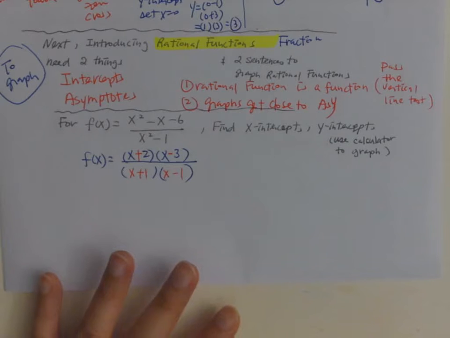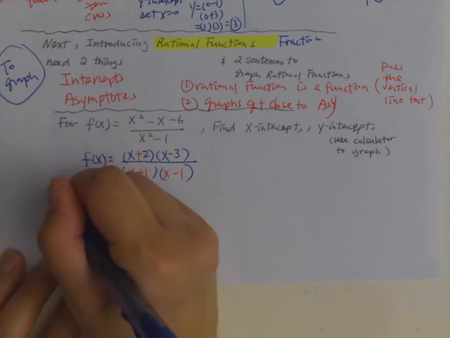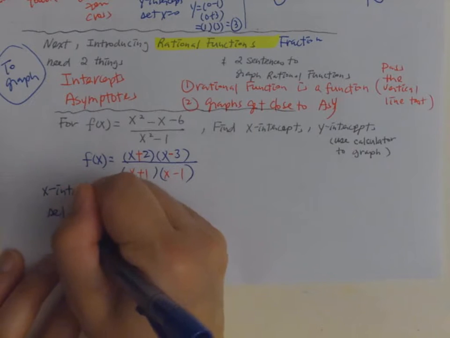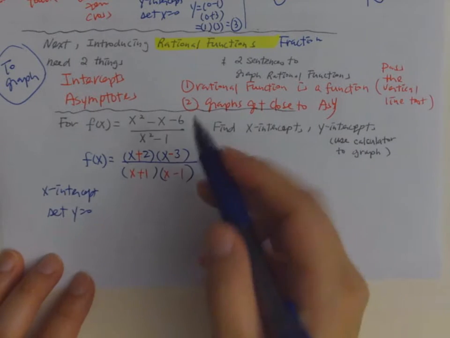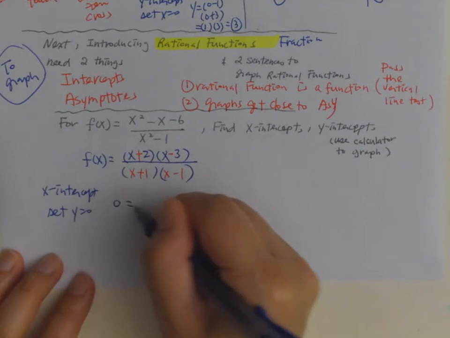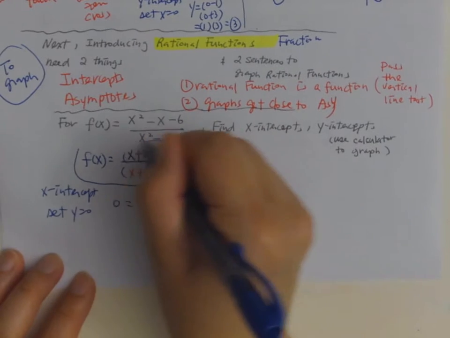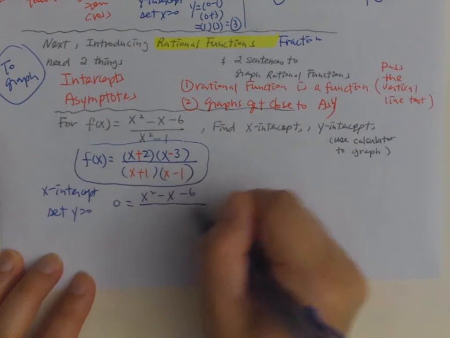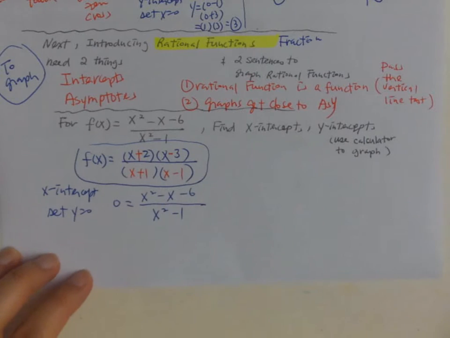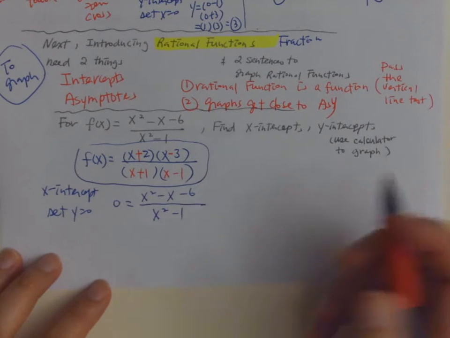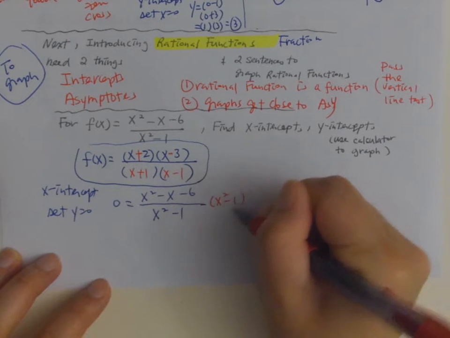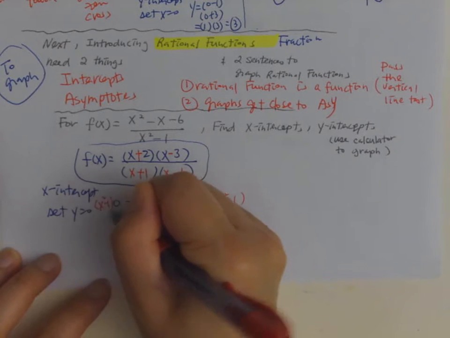And then we can find the x and y intercepts, right? So remember, for the x-intercept we set y equal to 0. I'm going to use the original one, x squared minus x minus 6 over x squared minus 1. I don't know if you remember, we did it earlier this semester: we need to multiply the LCD on both sides to get rid of the denominator.